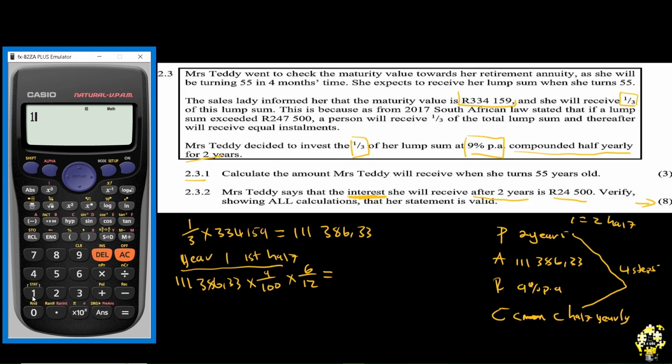It's fine. So 111,386.33, you multiply it by 9 over 100, and then you multiply it by 6/12. Let's see, what do you get? You get 5,000.